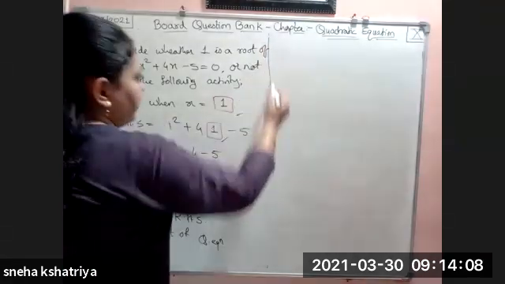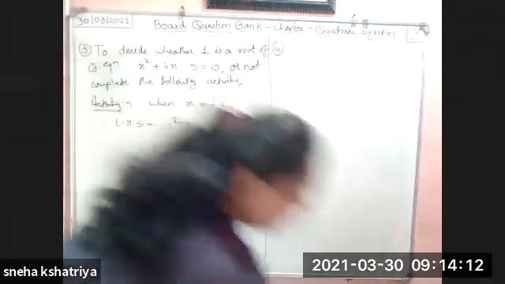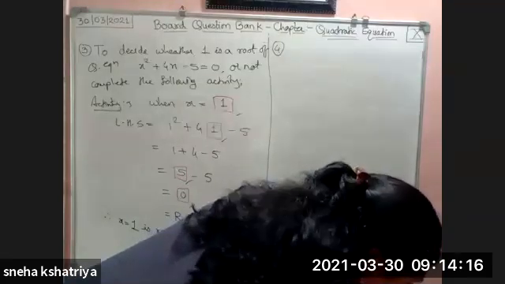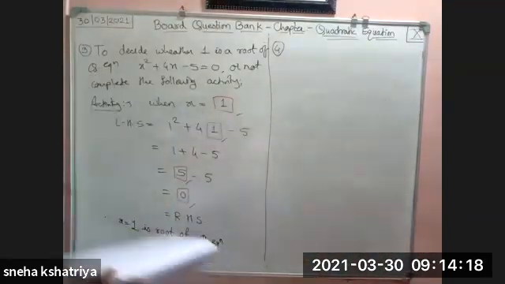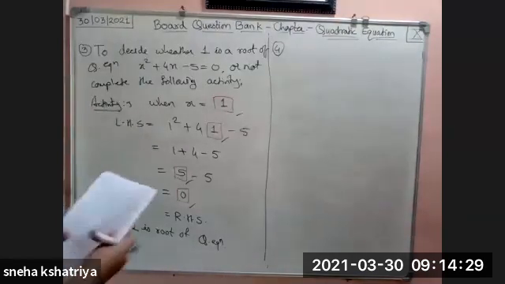Okay. Question number 4. Only 4 questions they have given to you from quadratic equations. That is the type they may give you if it comes in the exam. Okay.